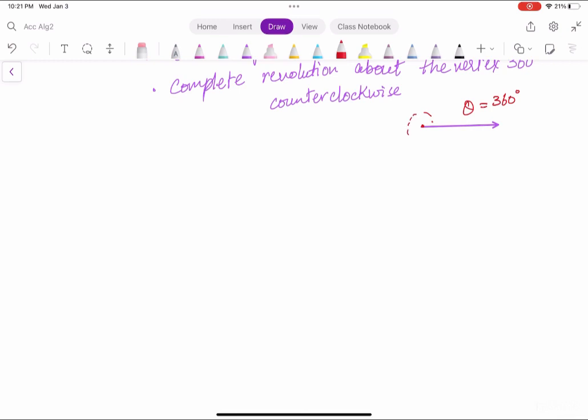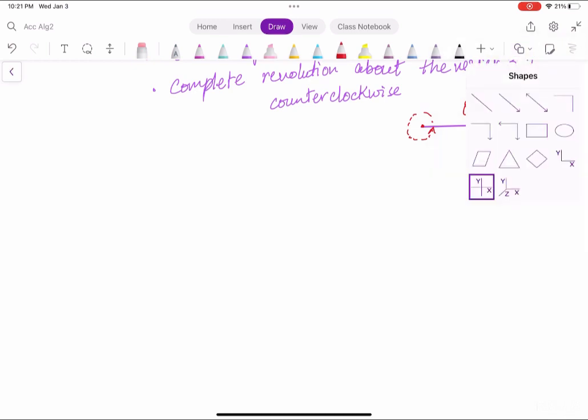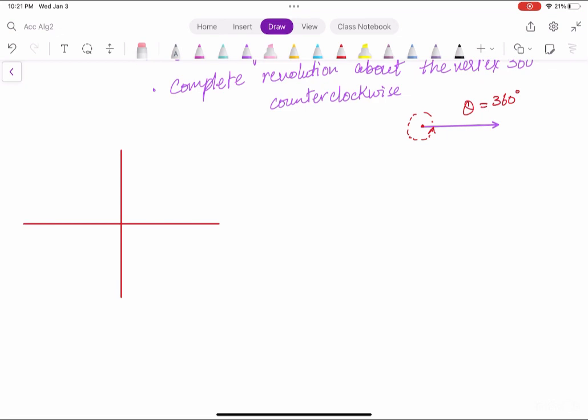So let's form the coordinate plane again, and let's go back to the basic understanding of the coordinates. So you should have a very clear understanding of which is quadrant 1, 2, 3, and 4.